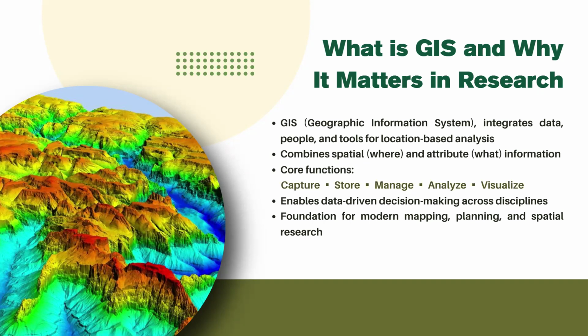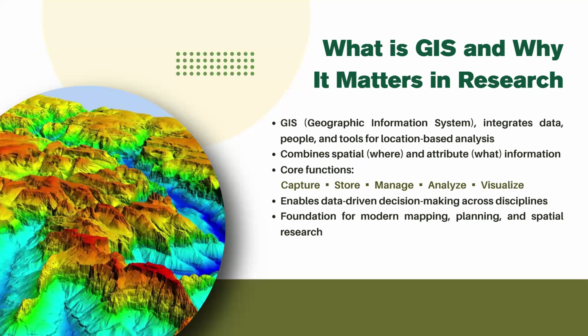Think of GIS as a bridge between location and data attributes. Data attributes means what is happening in that particular location; this is often referred to as data attributes. I hope you all understand.